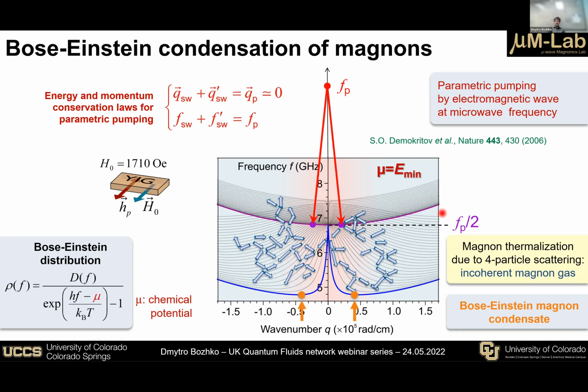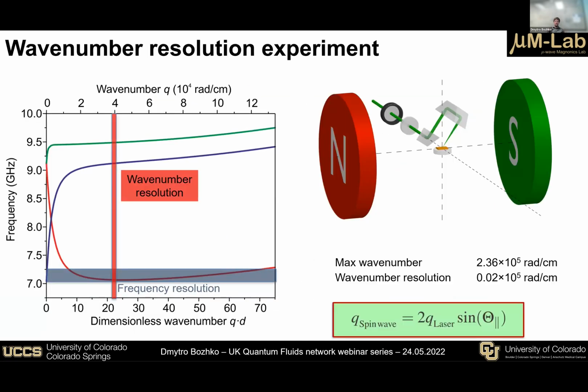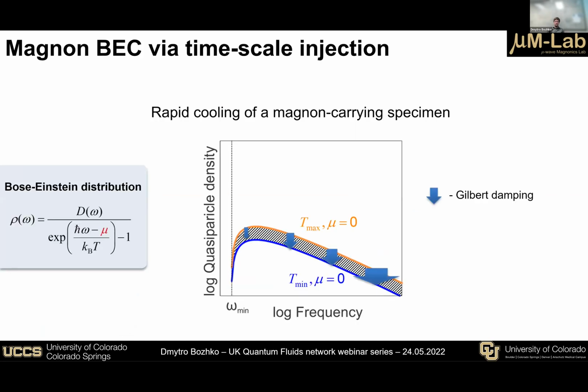The dispersion which is drawn here is a very tiny bit of the dispersion near the gamma point. And those thermal magnons which we are talking about in this experiment are essentially 6 terahertz magnons.